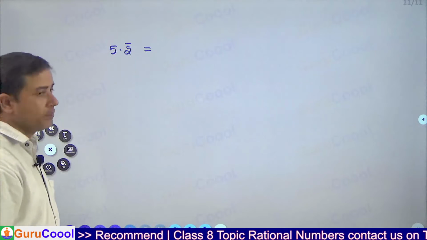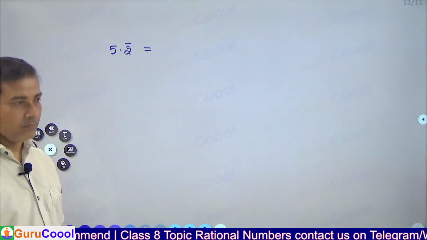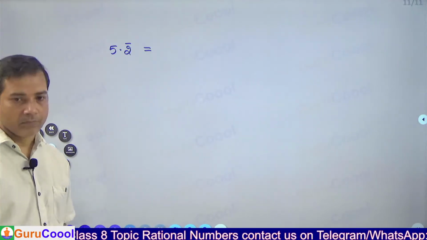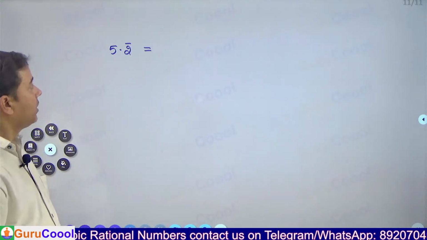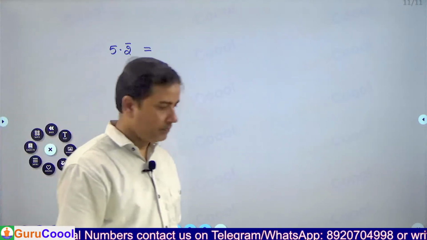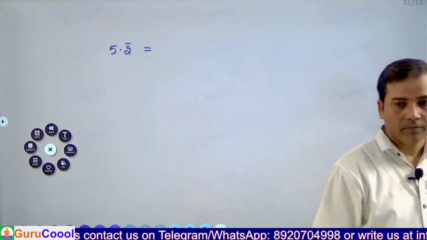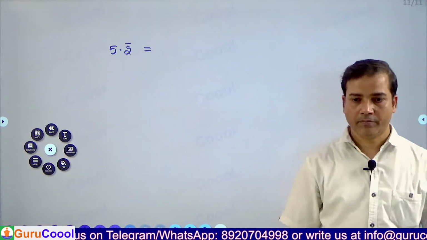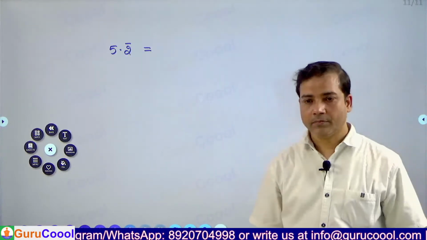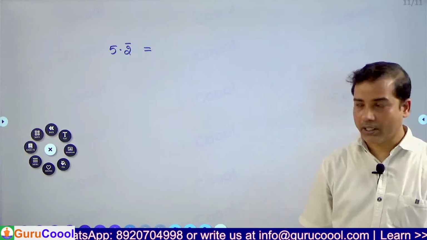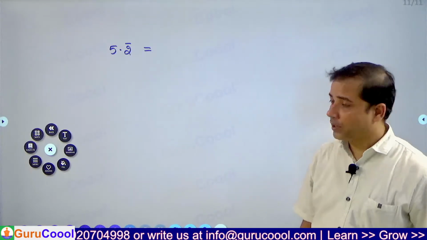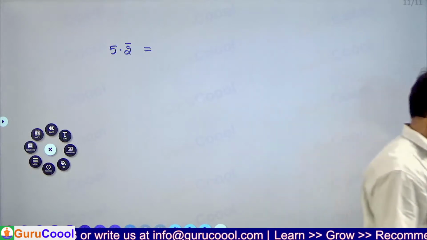Say again. 51/9. 51 upon 9. Okay. Sir, 1 second. So 47/9. 47 upon 9. Okay. Just a moment, I am coming.